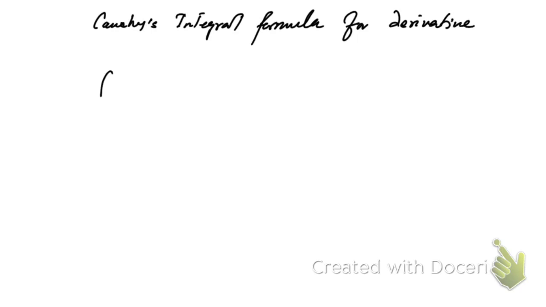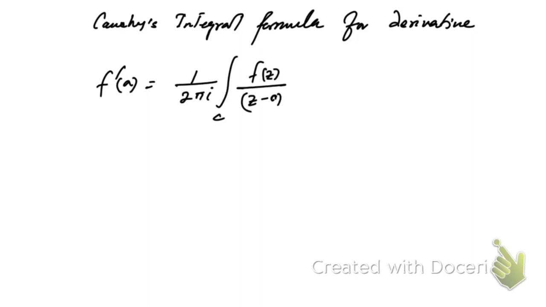That was f dash at a equals 1 by 2 pi i times the integration along C of f of z by z minus a, the whole squared, dz. And for the nth order derivative, what was the formula?